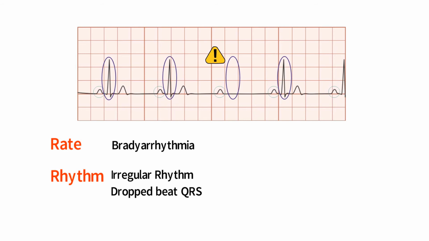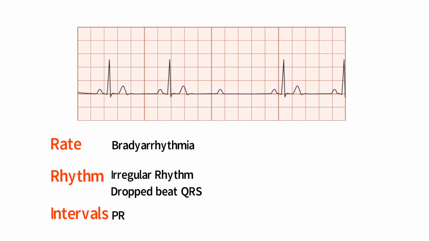So the third thing we should look at is the intervals. So let us check the PR interval. Actually, it's normal. There is no PR prolongation. The QRS is normal. The QT is normal. So this patient is having bradyarrhythmia, and normal PR and irregular rhythm, but there is a dropped QRS.